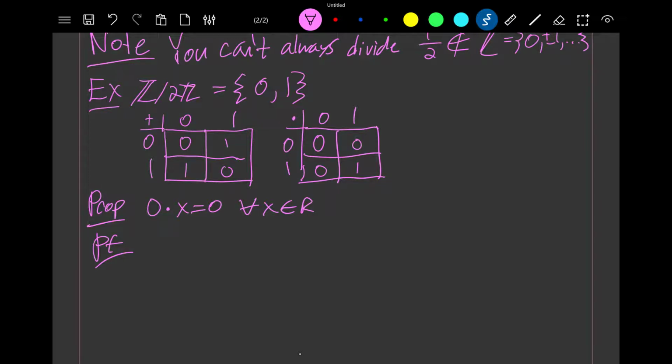Well, what is 0 times x? I can say this is equal to 0 plus 0 times x, because I am replacing this 0 here by 0 plus 0. And using the distribution property, this is 0 times x plus 0 times x.